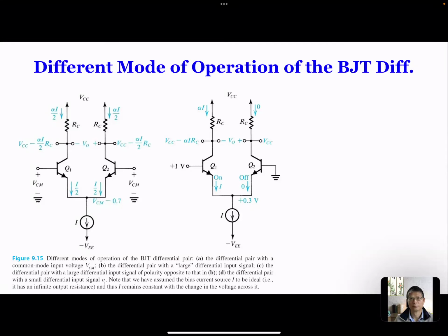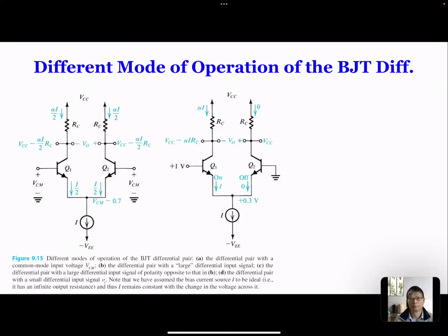So this is an interesting name. I don't know who gave it the name, but it makes sense. Common mode means the same thing. If you guys have something in common, that means you're doing something that's the same. That's why it's called a common mode. So when you say common mode, we mean that the voltage over here and the voltage over here are exactly the same.